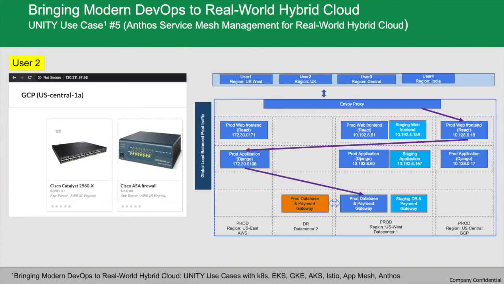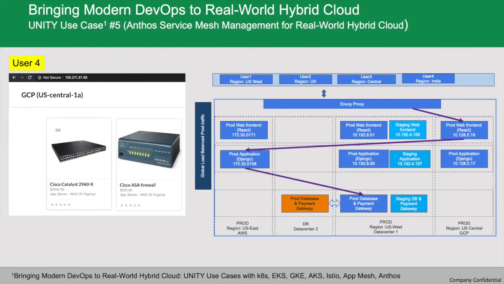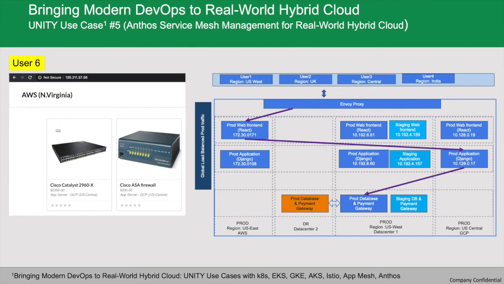User 2 goes to GCP, then Amazon. User 3 comes to the data center, both at the front end and the application. User 4 goes to GCP, then Amazon. User 5 comes to Amazon. User 6 goes to Amazon and then GCP.